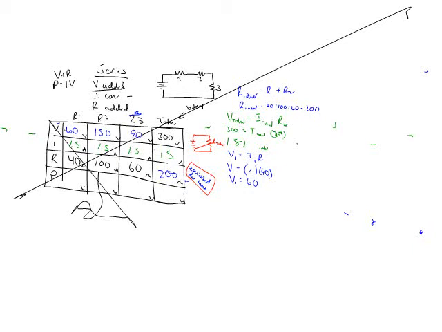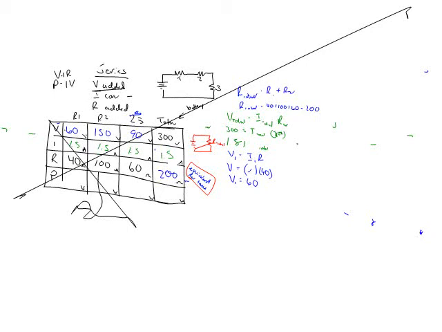So use V equals IR on each one of these. Any questions? Anyone confused about any of the numbers?